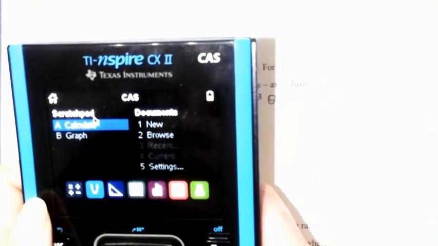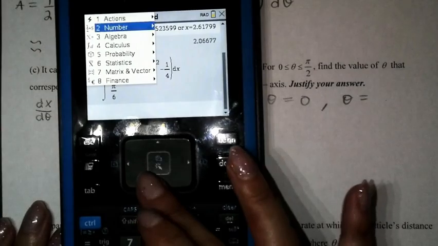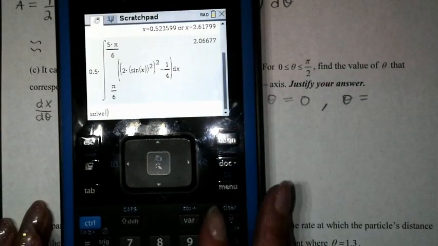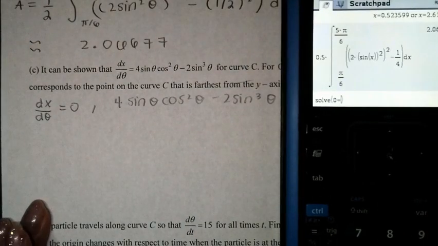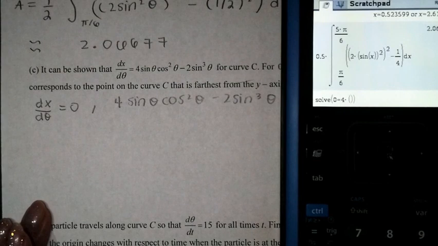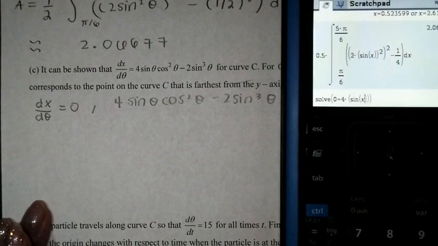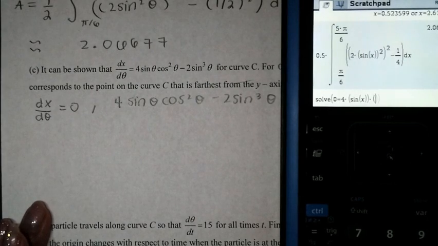Now you can see how the solver here in the calculator is pretty user-friendly. So menu, algebra, solve. What do you want? You want 0 is equal to 4 times parentheses, sine of x, and then another parenthesis there.